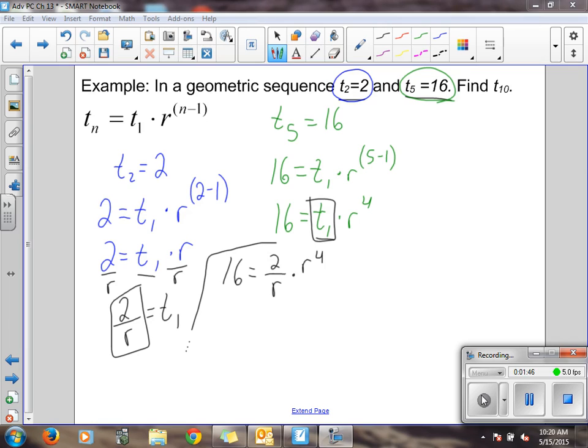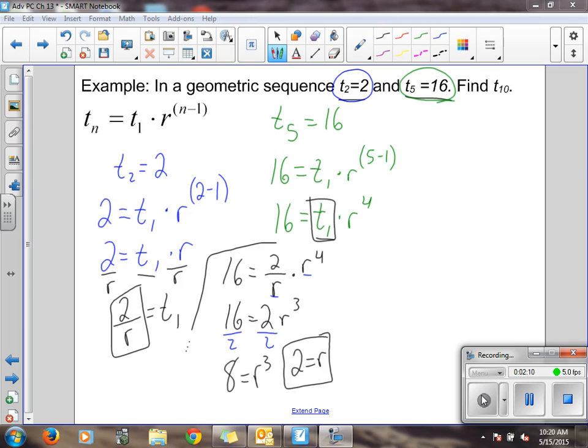Again, we can clean up our r and our r to the fourth power, get that 16 equals 2r to the third power, so subtracting exponents, divide both sides by 2, get that 8 equals r to the third power, leaving us with the cube root of 8 being 2. So our ratio here is just a 2.